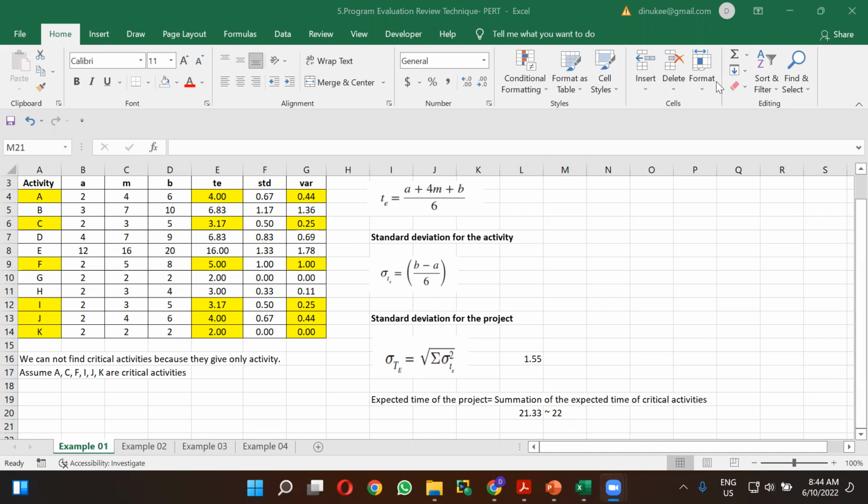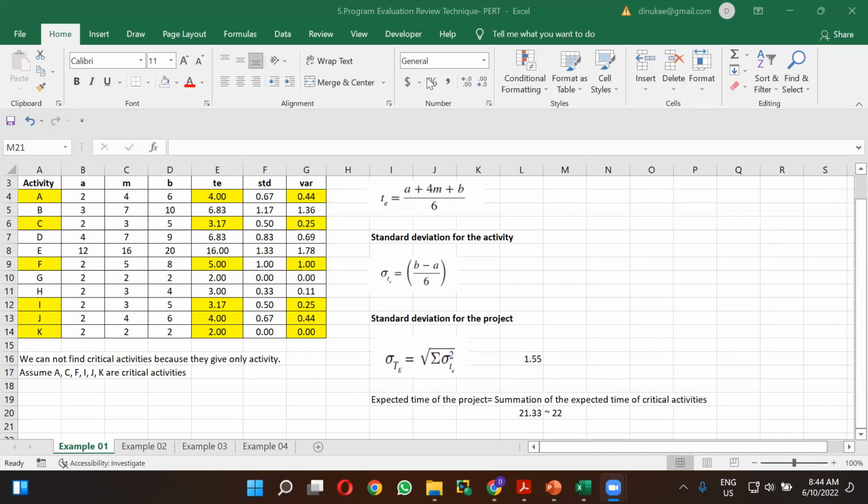Yes. So this is just an example for you, right? In the next following example, I am asking you to draw the project network. After drawing the project network, you are able to identify the critical activities, right?